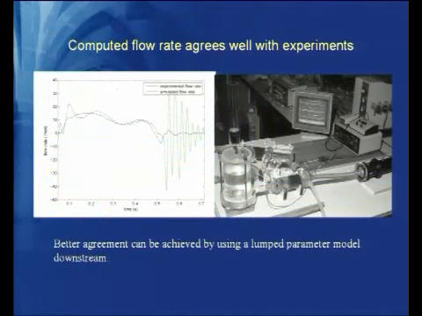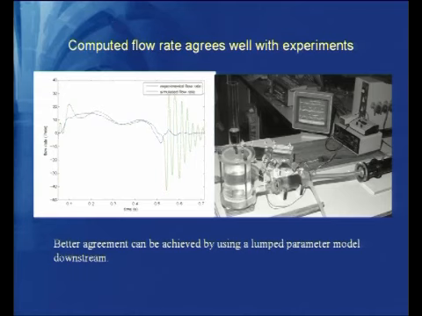Of course, in this case we specified pressure, but if we specify flow rate, the pressure drop is in the right range too. Qualitatively, you can see the agreement with the flow rate is fairly good. The darker line is the experimental flow rate with a given driving pressure, and the lighter ones are the numerical simulation of the immersed boundary method.